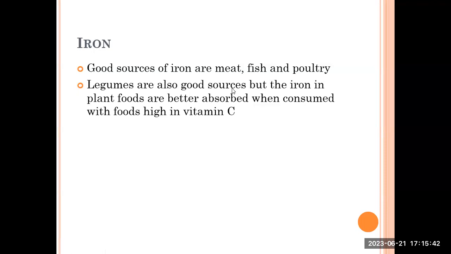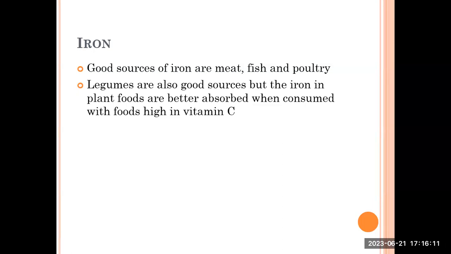There's still something about good sources of iron: meat, fish, and poultry. Good sources. There are also legumes and other vegetables, plant foods, which also provide iron, but they have to be provided together with vitamin C in order to improve its absorption, and for that matter, its availability.